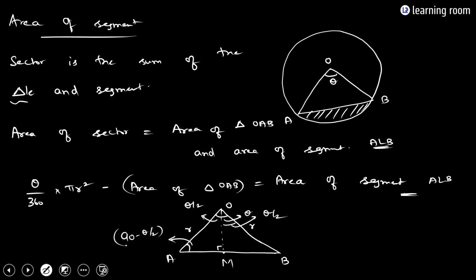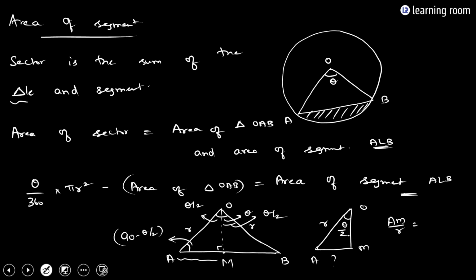Yes, sir. Now my question is, how do I find this length? If I take the triangle OMA, this is R, this is theta, then how do I find this side? Oh, this is not theta, it is theta by 2, sorry.